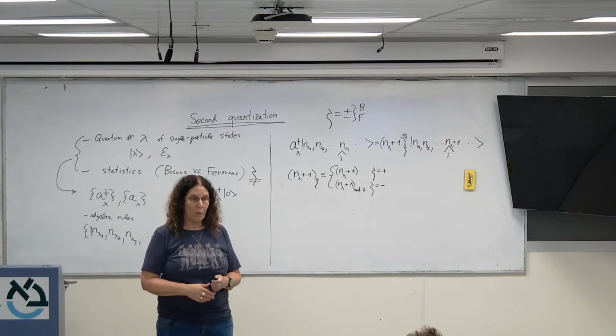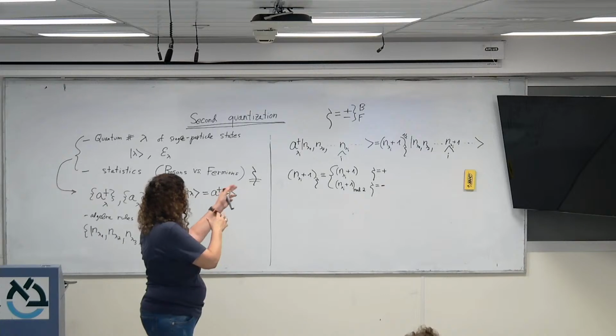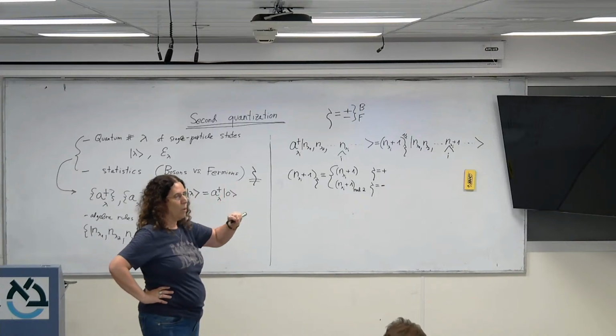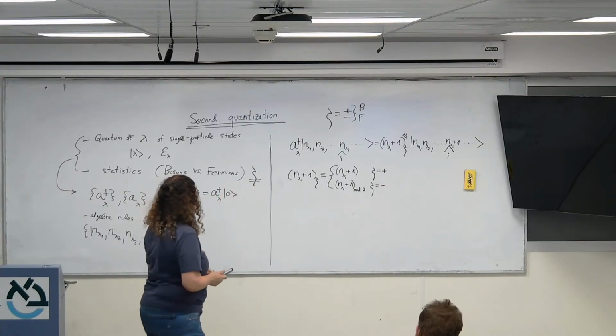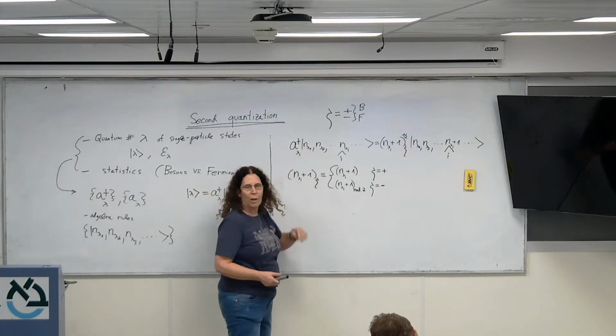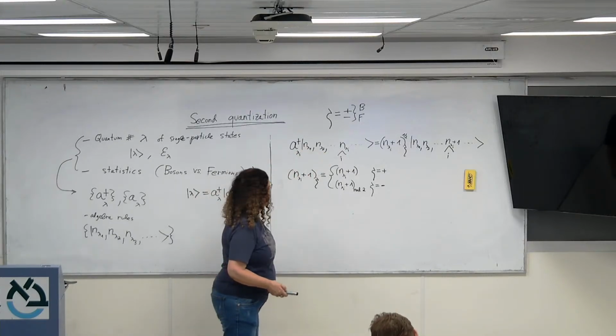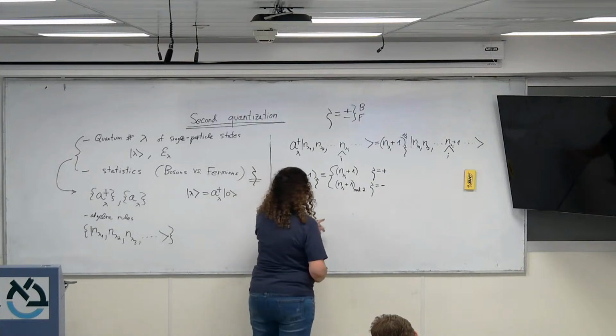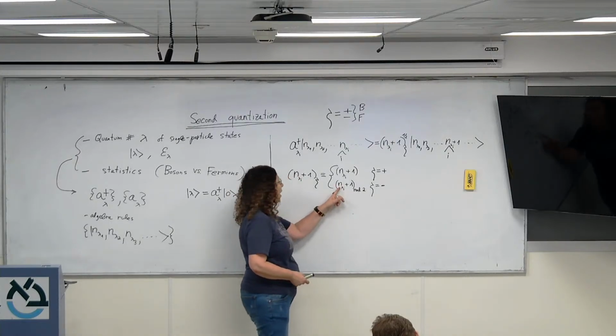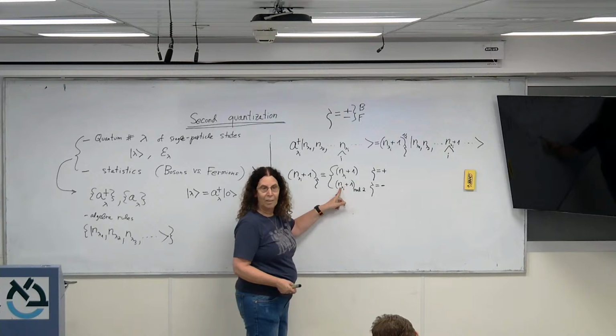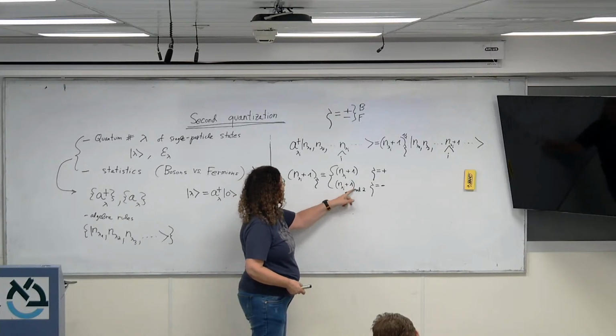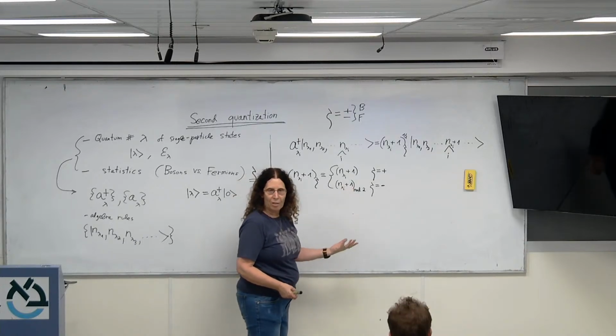I had 0 fermions in some quantum number, I created 1, I get 1. But if n_λi was 1, I get 2 modulo 2, which is 0.